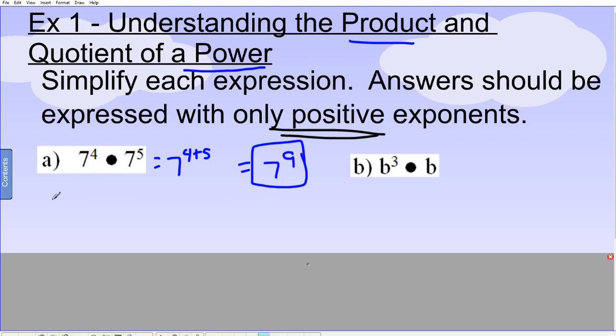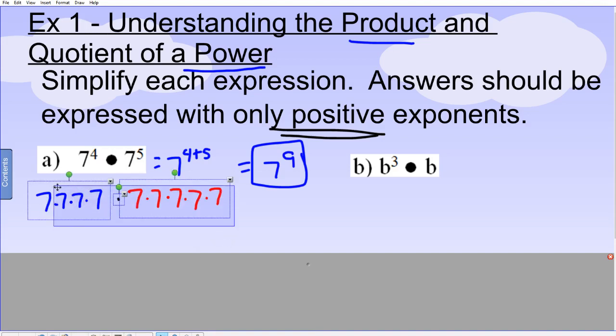This 7 to the 4th power is 7 times 7 times 7 times 7. This 7 to the 5th power is 7 times 7 times 7 times 7 times 7. And they're being multiplied together. So you see there's 4 7s times 5 7s. And I have them in different colors, so you can keep them separate.